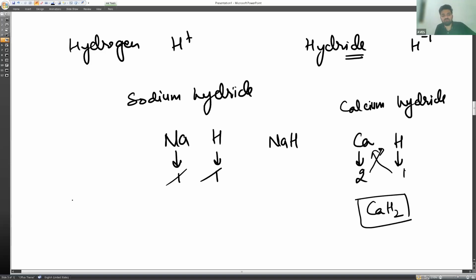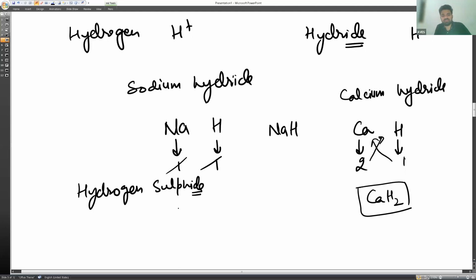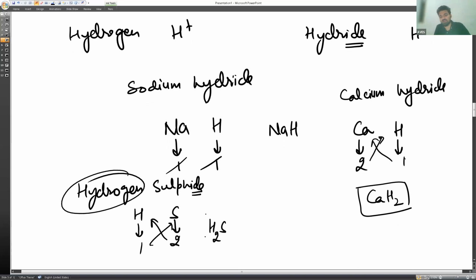But if someone asks you to write the formula of hydrogen sulfide, sulfur has valency 2 and hydrogen has valency +1. When it is +1, we write hydrogen on the left hand side. And when it is minus, we write hydrogen on the right hand side. So the formula will be H2S. Understood?